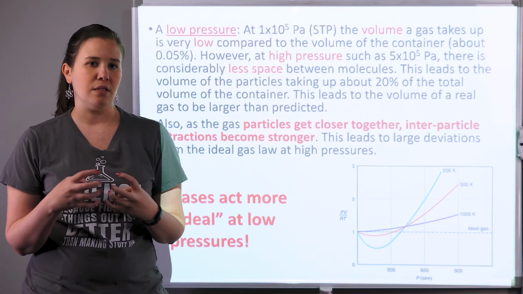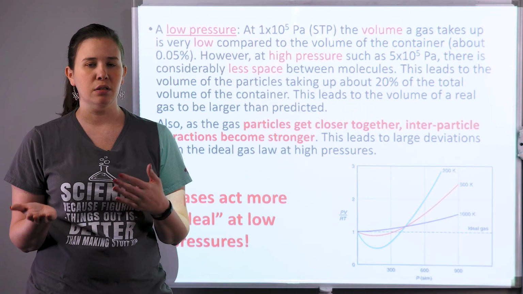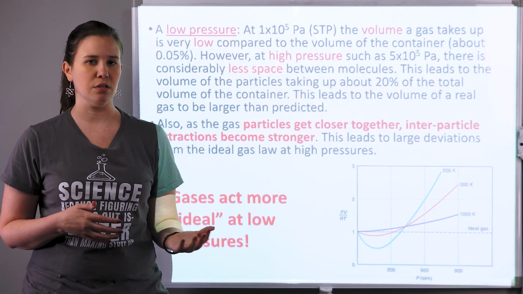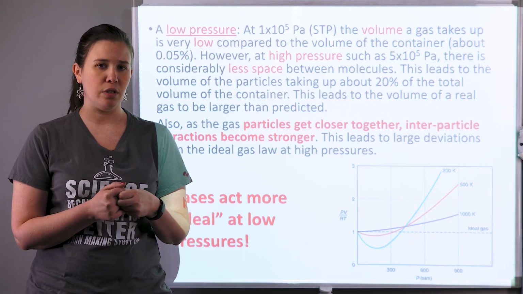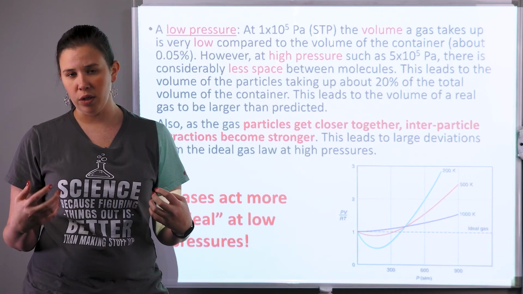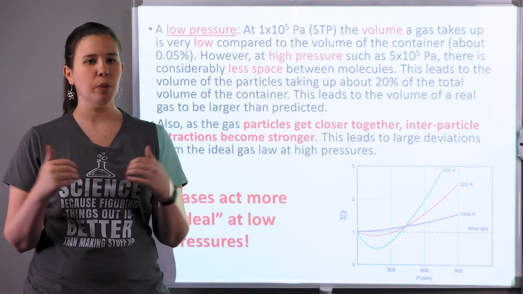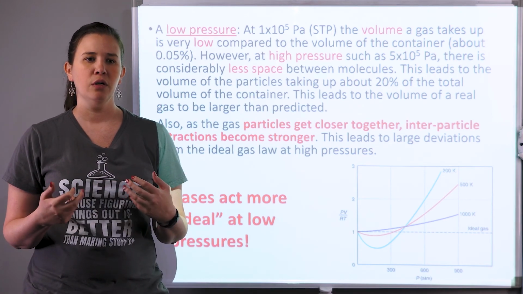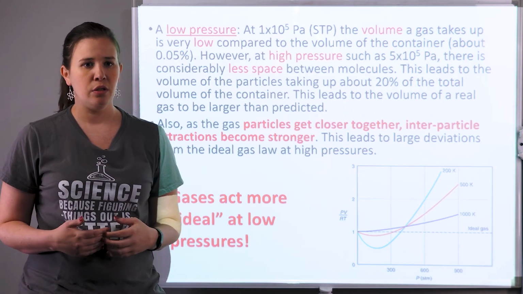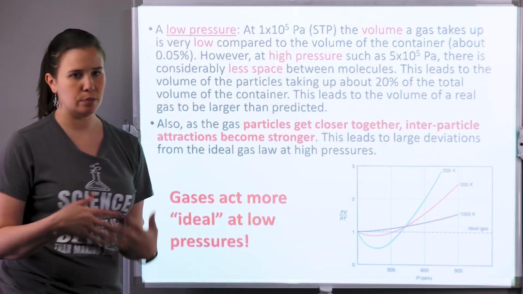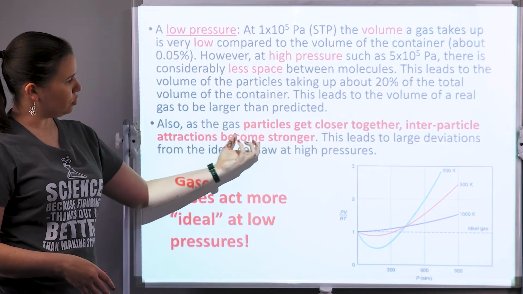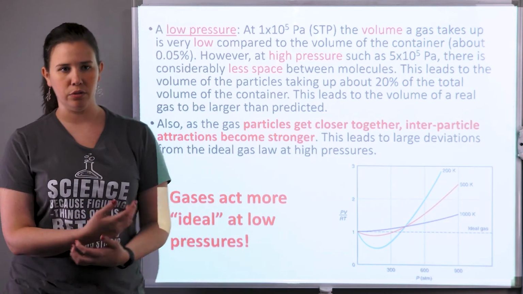Now, particle spacing is a big factor on the strength of the intermolecular attractions. That's why solids have the strongest intermolecular attractions, weaker for liquids, and then theoretically none for gases, right? So if we're pushing those particles closer together, we're forcing them to interact with each other. Those intermolecular forces, those attractions, become stronger when those particles are closer together.